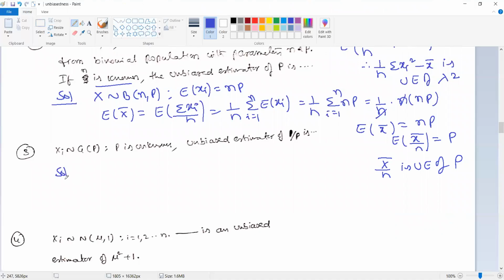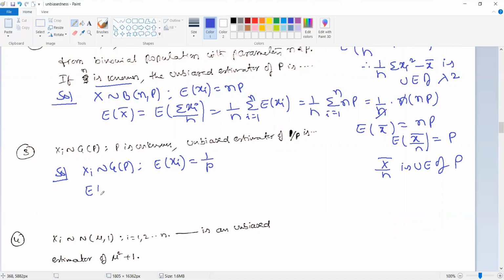Next, geometric distribution. Xi follows geometric with parameter p. p is unknown. Find the unbiased estimator of 1 by p. Same procedure here: for each and every problem, the first two steps are the same. E of Xi is equal to 1 by p.